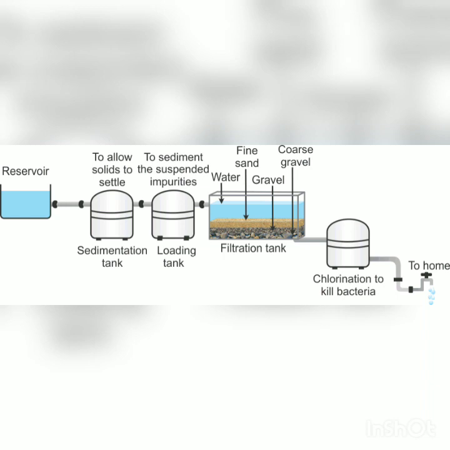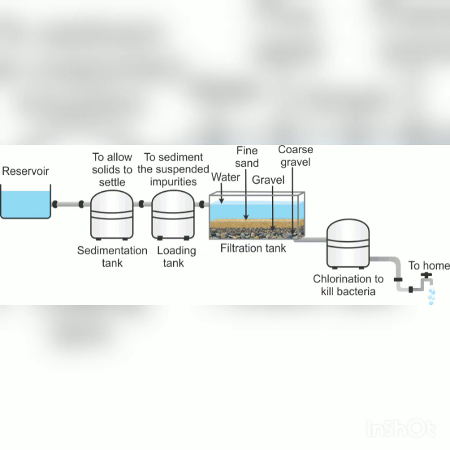In this filtration tank, three layers are present: a fine sand layer at the top, a coarse sand layer in the middle, and gravel, that is tiny stones, at the bottom. The layers of sand and gravel act as filters. When water passes through these layers, even small suspended particles and other materials in the water get removed.